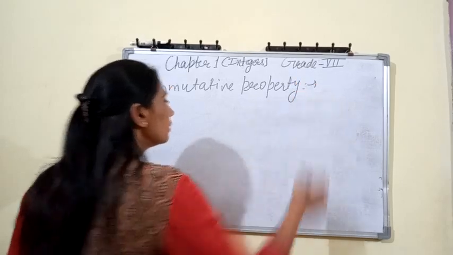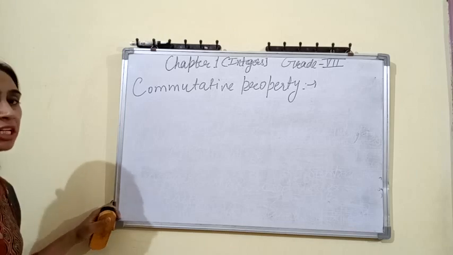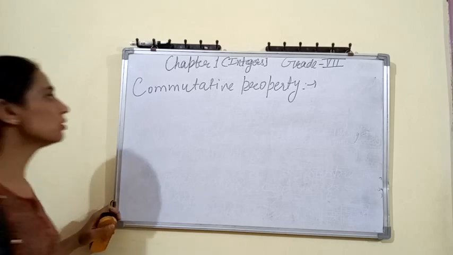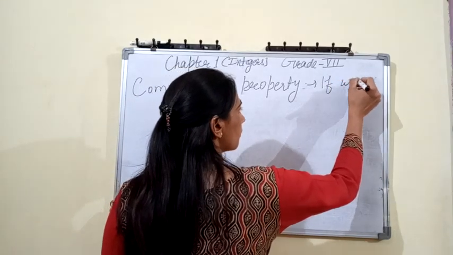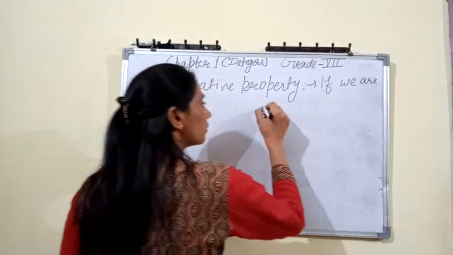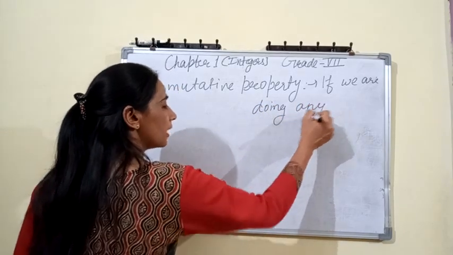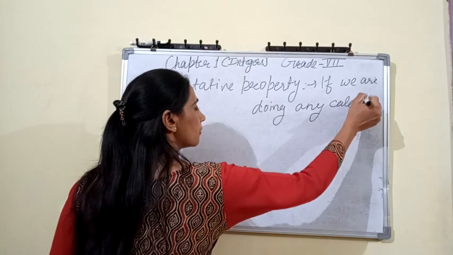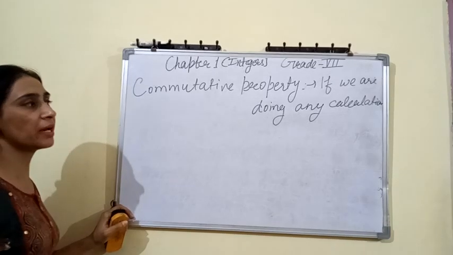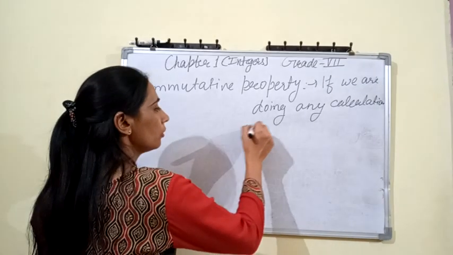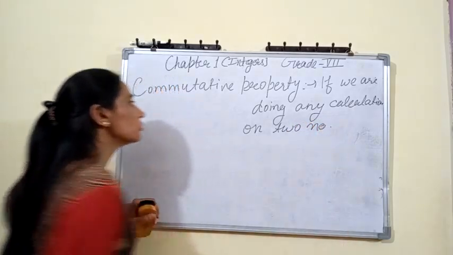In this property, if we are doing any operation like addition, subtraction, multiplication, division on two numbers, so we will use this property.